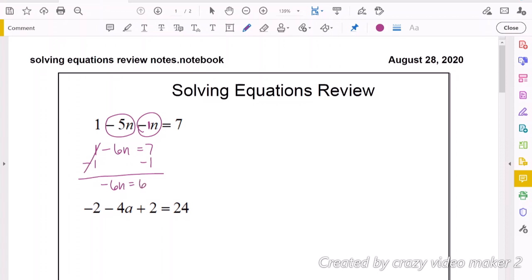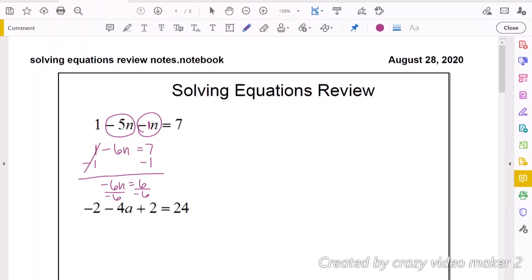Now my last step, I need to get rid of this negative 6 in front of that n. Remember, there's understood multiplication going on here. We have a negative 6 times n. So how do we get rid of multiplication? With division. So you just divide by the negative 6 in front of that n. And whatever you do to one side of the equal sign, you have to do on the other side. So we're dividing by negative 6.